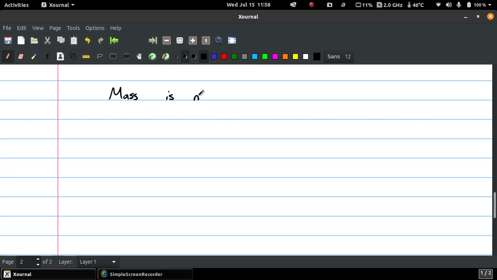Mass is measured in atomic mass units. That's all we're going to worry about today. And the symbol for atomic mass units is just AMU.